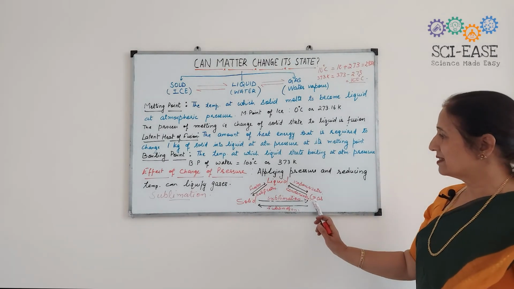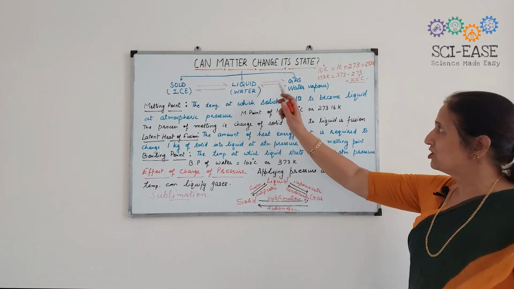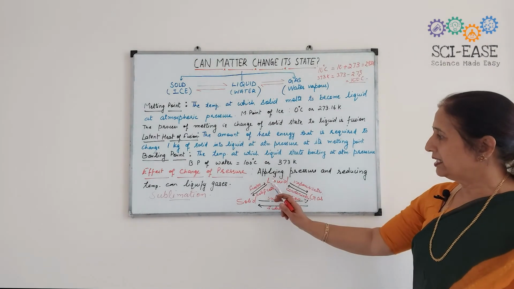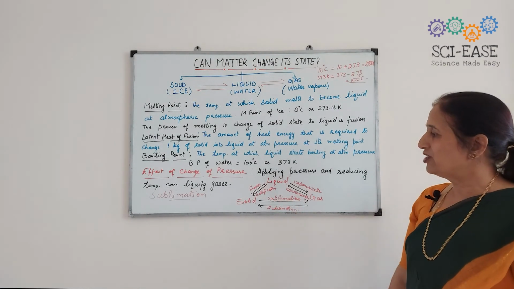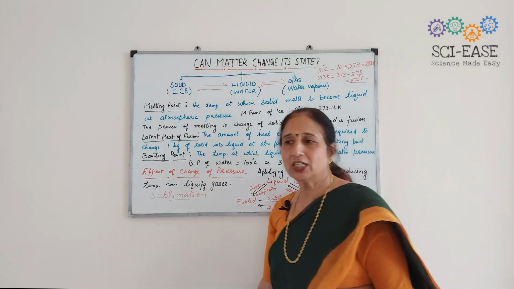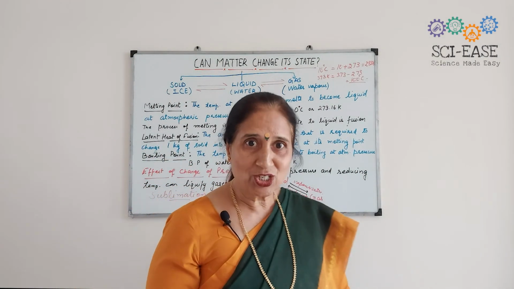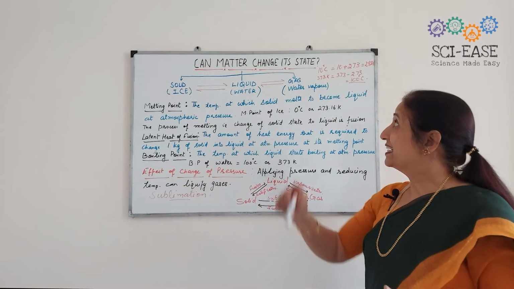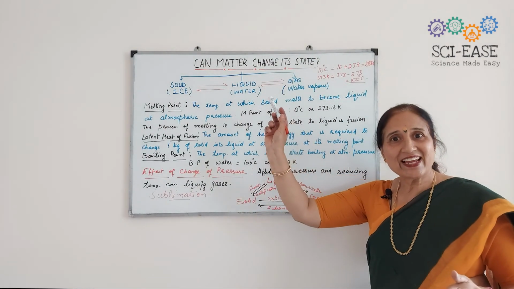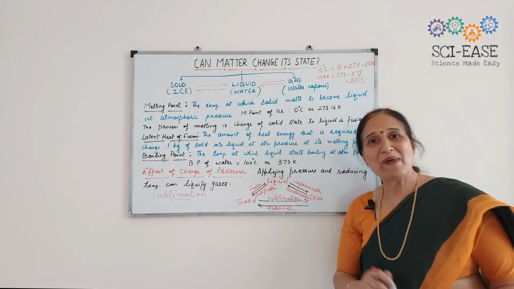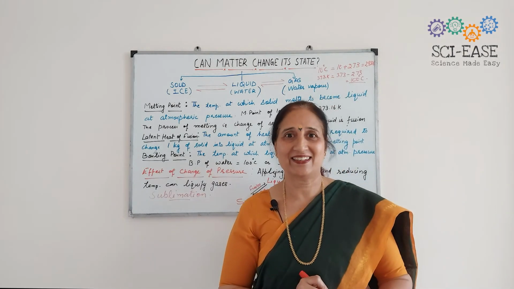Gases can be changed into liquid by condensation, I've told you. And liquid can be changed into solid by solidification or by freezing. So that's all about, can matter change its state? Yes, matter can change its state.